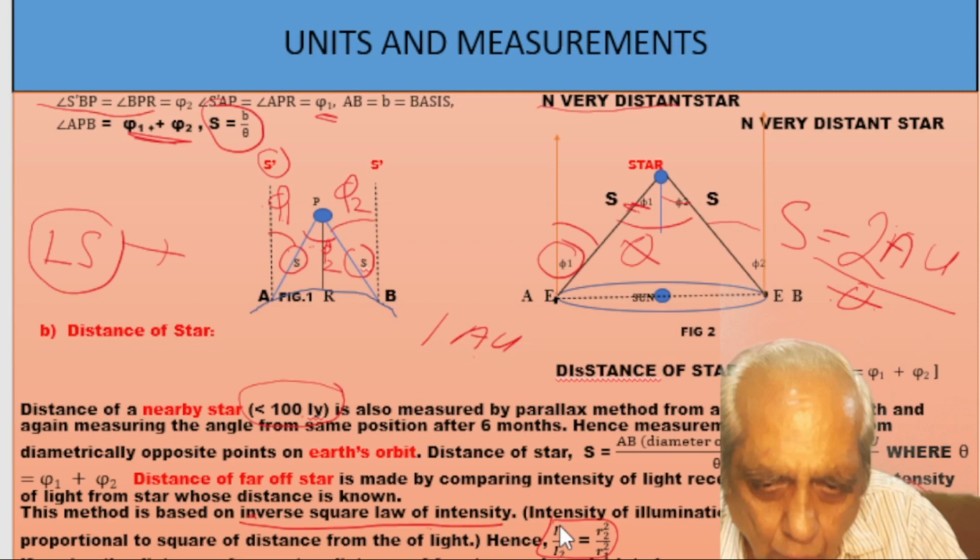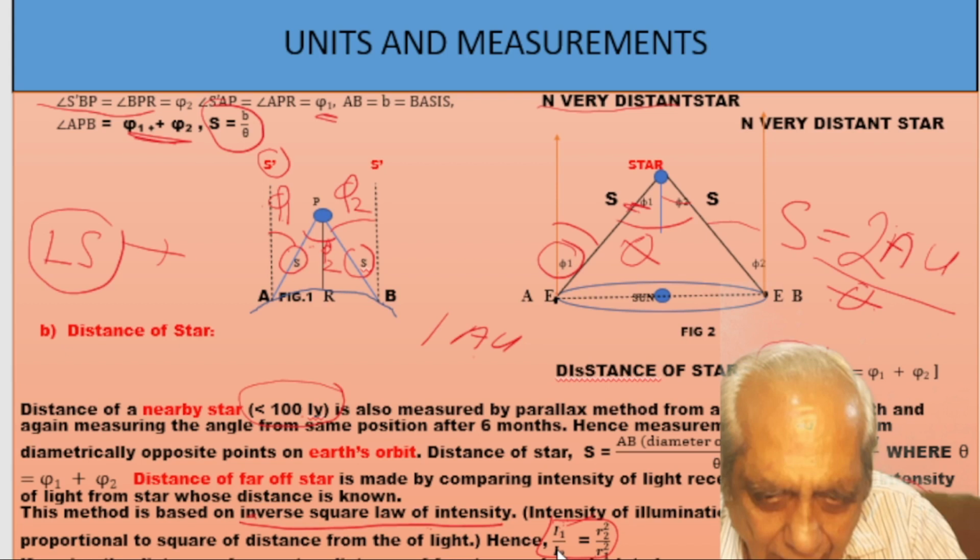I1 and R1 are known, and I2 I know, how much light I am getting, so I can calculate R2. This is how we calculate the distance of a distant star.